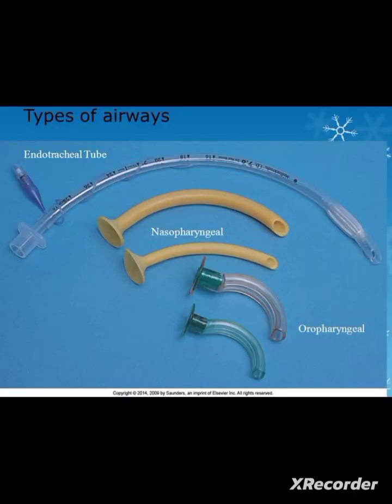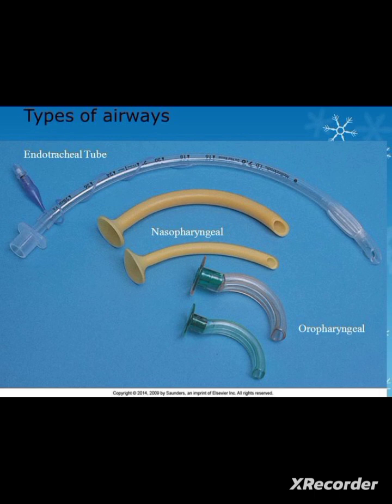Next airway is endotracheal tube intubation. The endotracheal tube is a flexible hollow tube designed to enter the trachea via the oropharynx or the nasopharynx, facilitate gas exchange and protect the airway from aspiration.